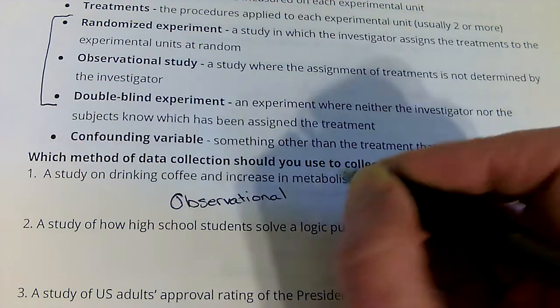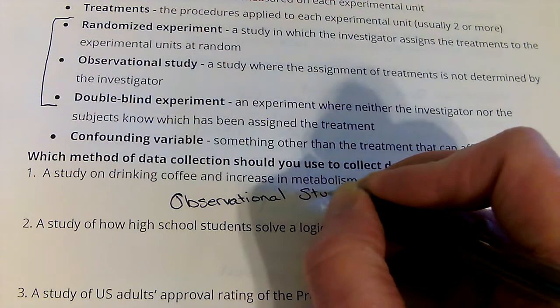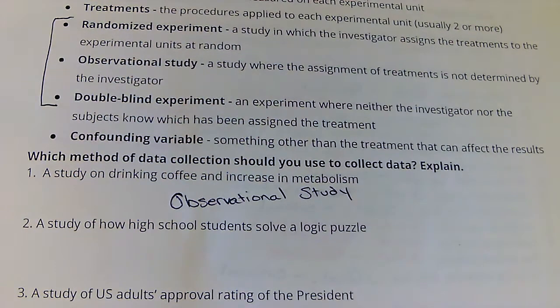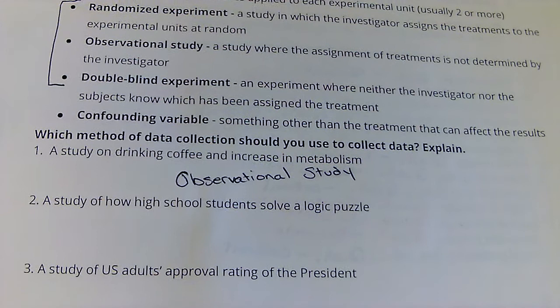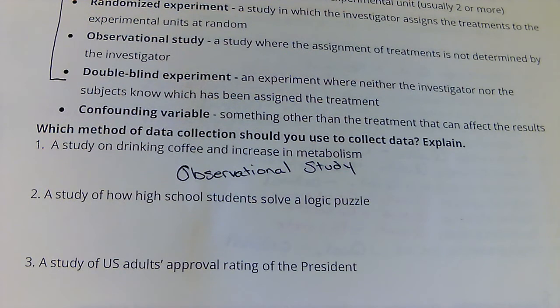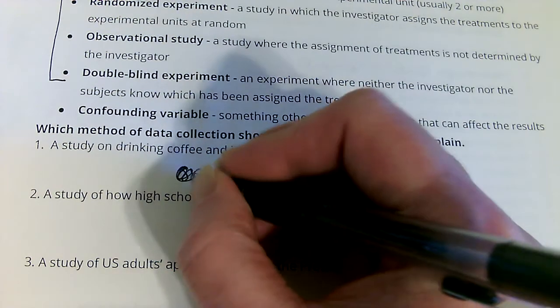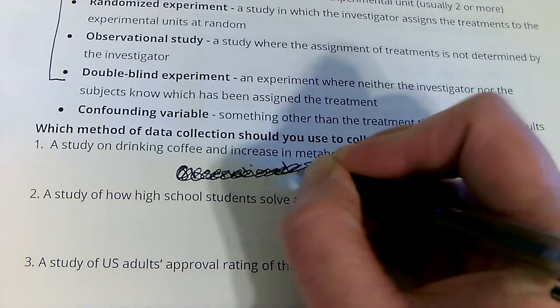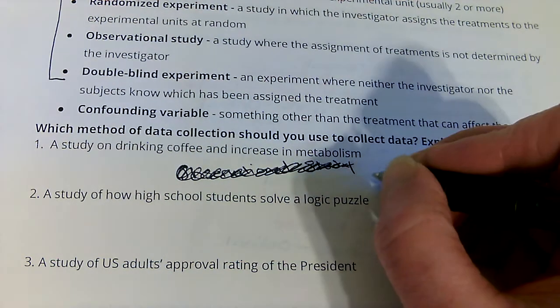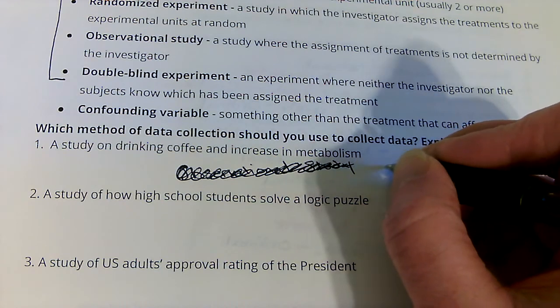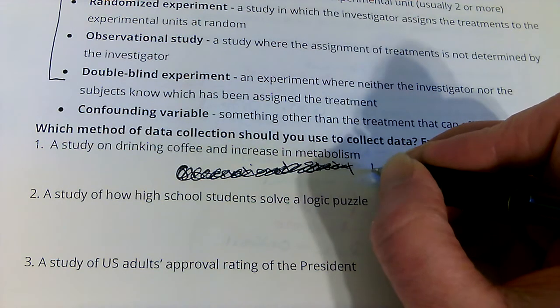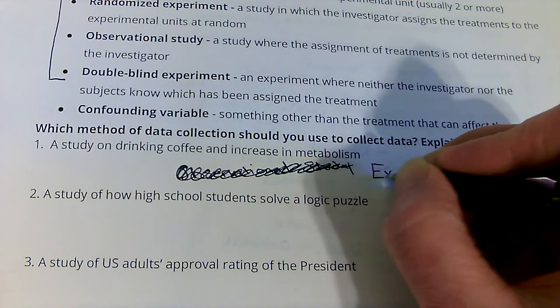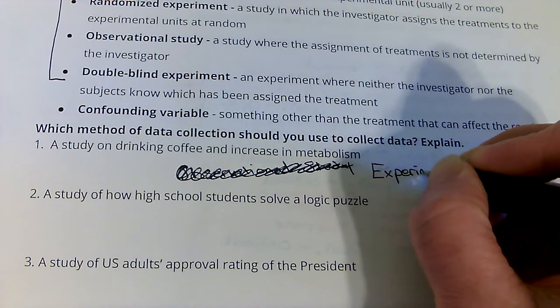Where you find people that are actually drinking coffee already and you study their metabolism. Well, no, it wouldn't. Because you want to compare people who drink coffee with people who don't. So this would be an experiment. Sorry.